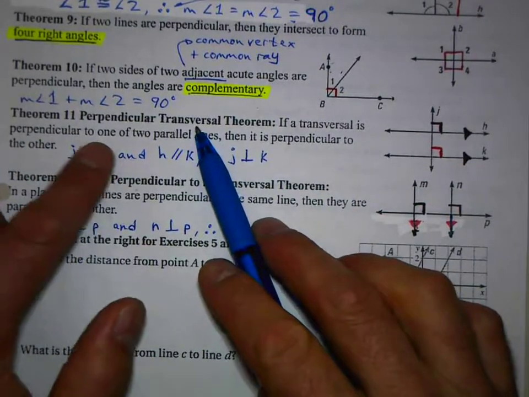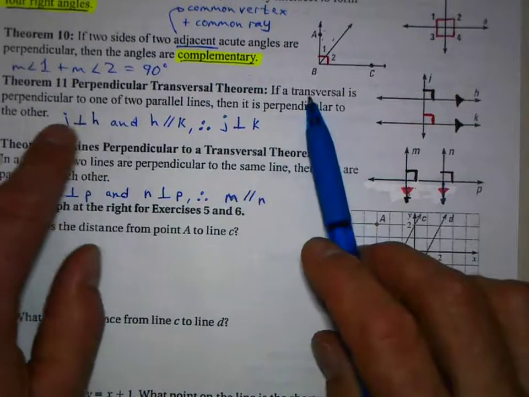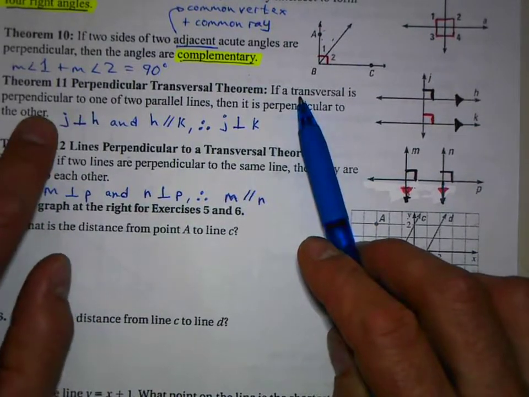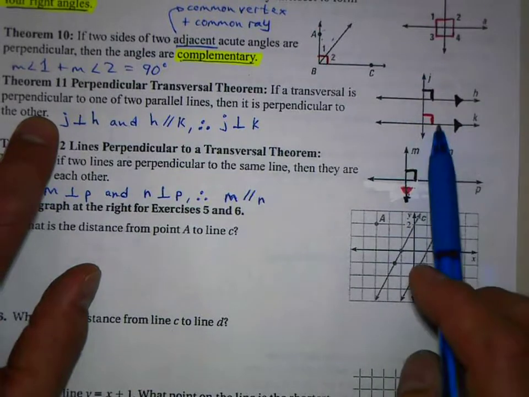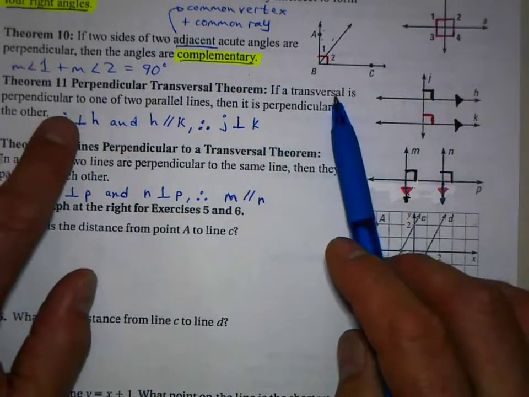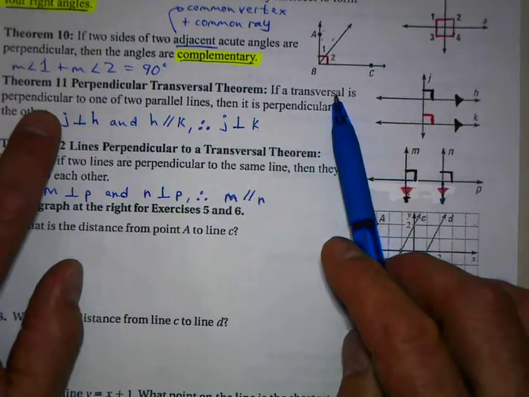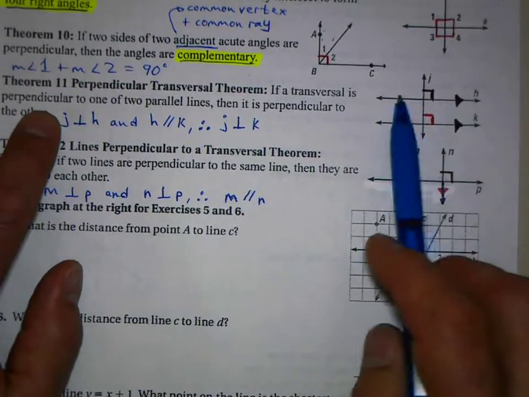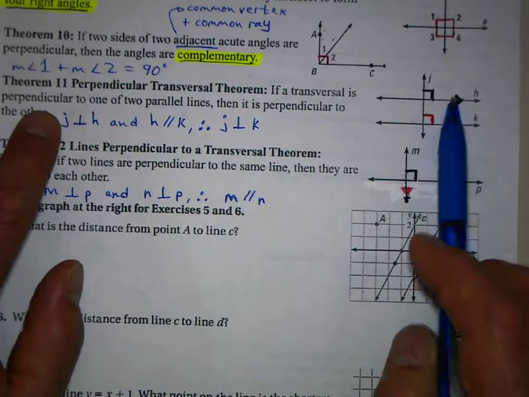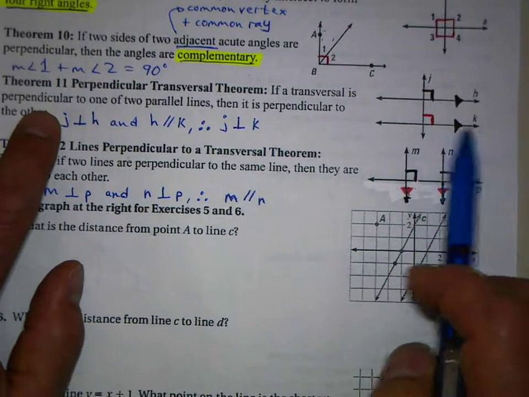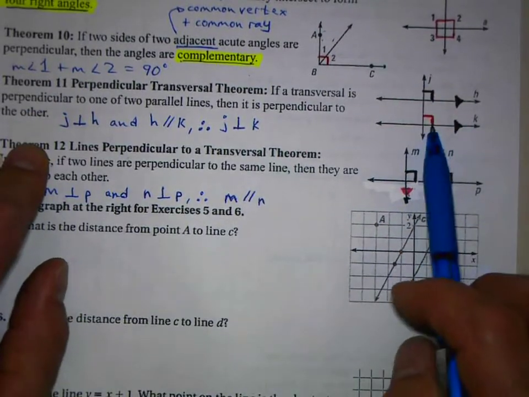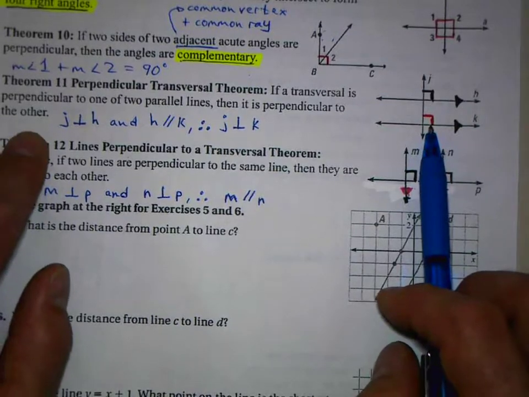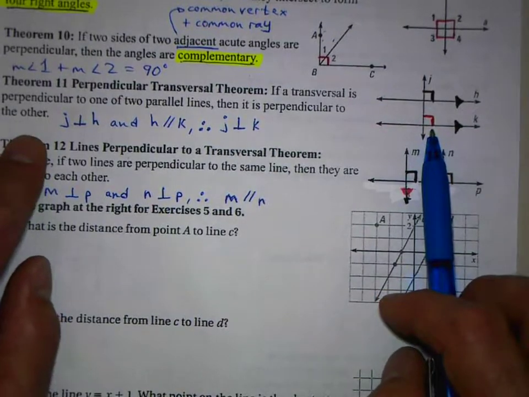Perpendicular transversal theorem. It's saying that if we have a transversal, here's your transversal that cuts across these other two lines, and that transversal is perpendicular to one line that is parallel to another line, then that transversal is also perpendicular to the other line.